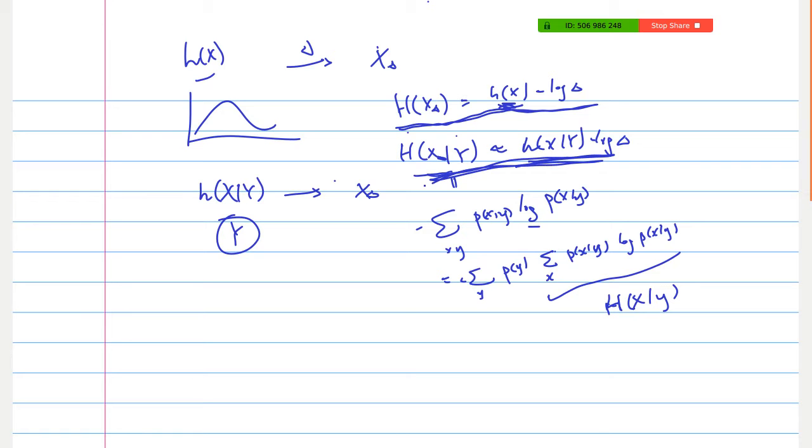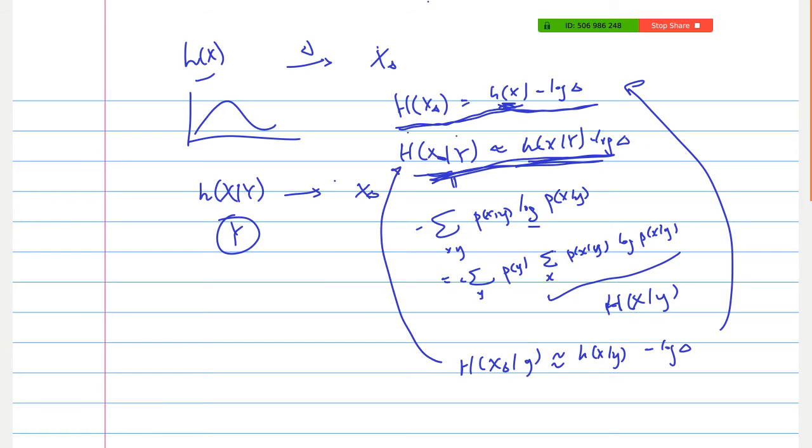This can be shown very easily, because I basically have H(X delta given small y) approximately equal to H(X given small y) minus log delta. Then if I take the average over all the y, I will get this.